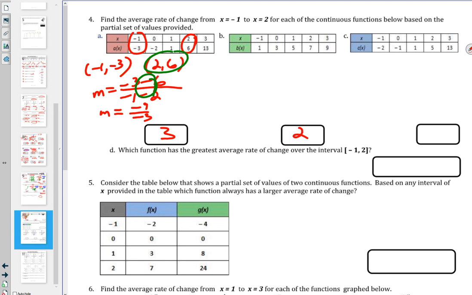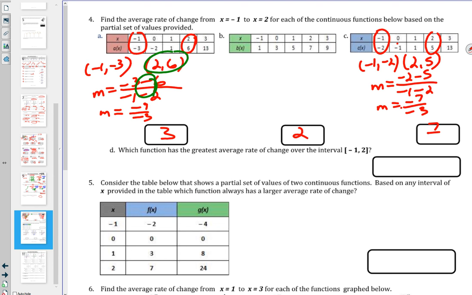And then on this one here, between -1 and 2, that's -1, -2, and then 2, 5. So the slope is -2 minus 5 over -1 minus 2, which is -7 over -3, 7 over 3. Negative divided by negative is positive. Which one of those had the biggest rate of change? What's the biggest number out of all those? 3. Yeah, the first one, A, which I believe would have ended up being exponential.